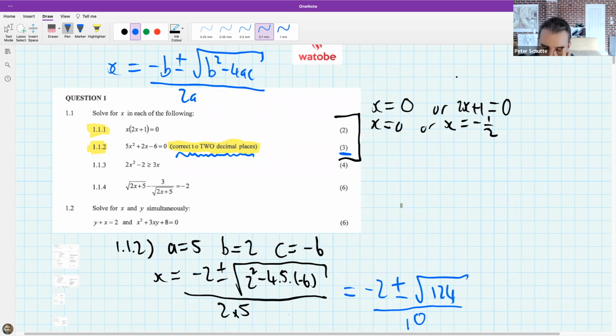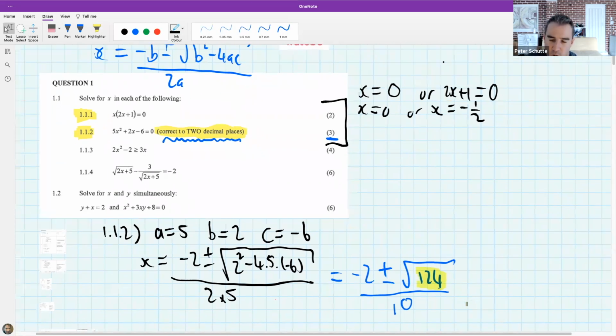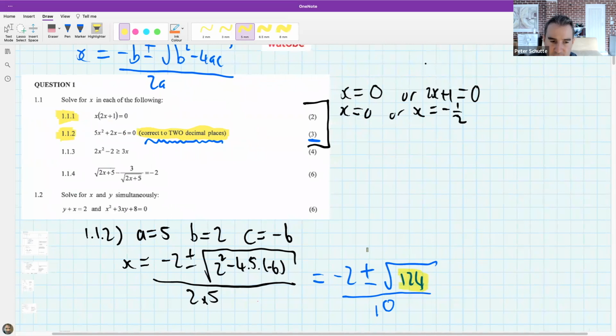So your delta value is the value inside the square root bracket. It should be 124. And now you get your 2 roots because of the plus minus in front of it. And I'm interested to know what you guys get for your roots.